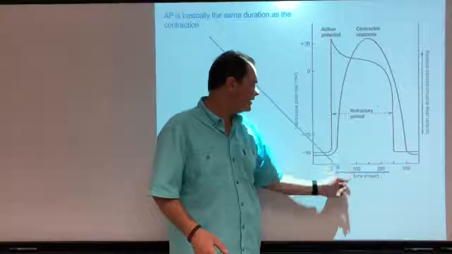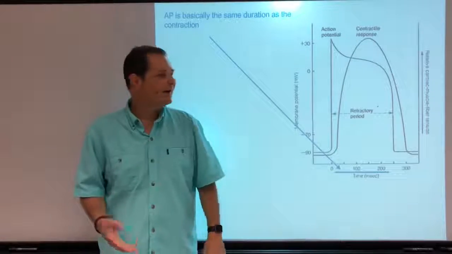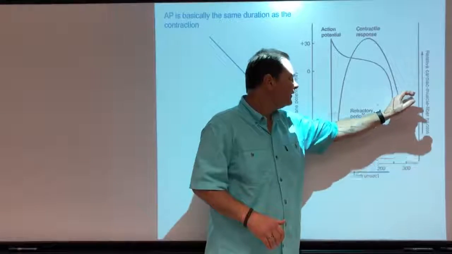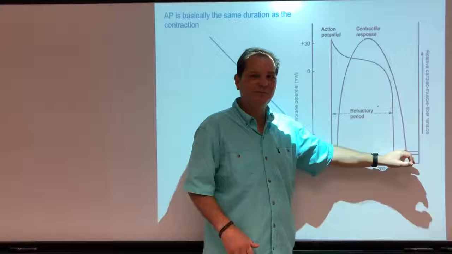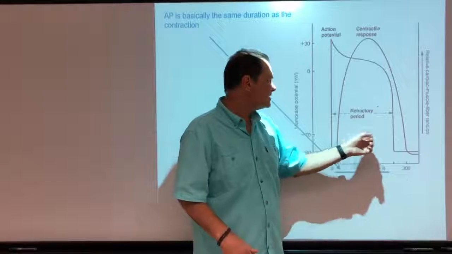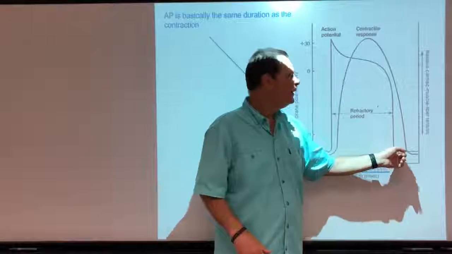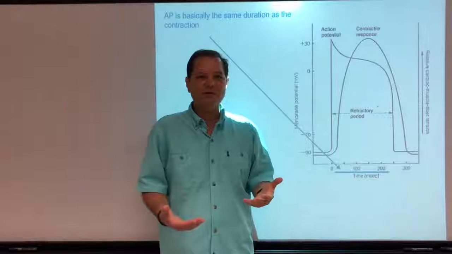Skeletal muscle or neural action potential will come right back down. This one is pretty long, and as a matter of fact, it's so long, it's almost the same duration as the contractile response, the generation of force and the relaxation itself. And because you can't fire another action potential until this one's over, the muscle is already most of the way relaxed before you can fire another action potential.